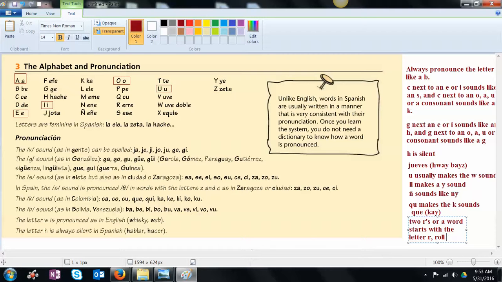So for example, if I have the word carro, I pronounce it with a rolled R. And if I have this one, so this one is a car, and this one is expensive. This would be carro, and this would be caro.